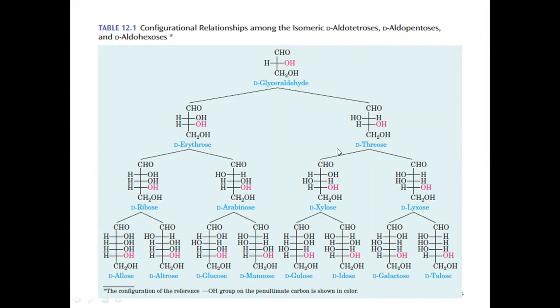You have the erythrose and threose. From erythrose, you increase the carbon with an OH. So you have here OH, OH, you increase the OH to the right. You have your ribose from erythrose, and if you change this one, you have your arabinose here.